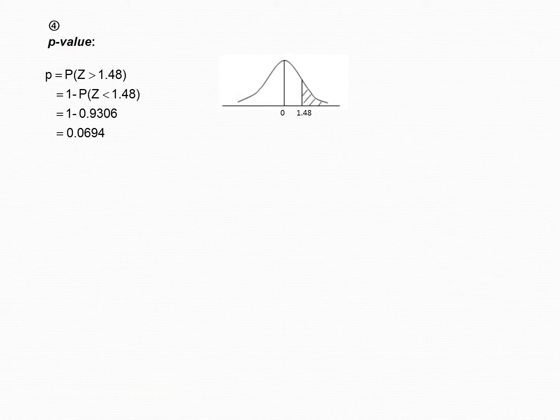Our p-value will then be the probability that Z is more than 1.48. We only have the values to the left-hand side of a positive Z value in our table, so 1 minus the probability that Z will be less than 1.48, that is 1 minus the probability that you look up, and p will then be 0.0694.